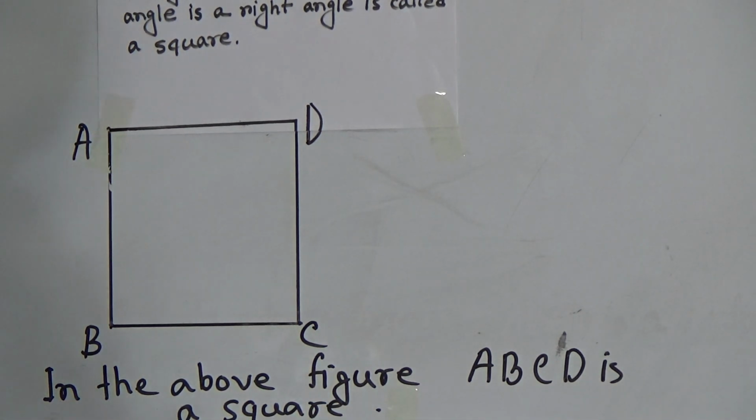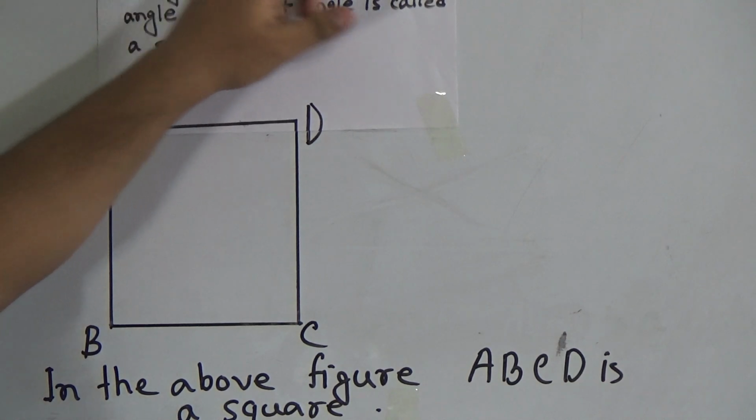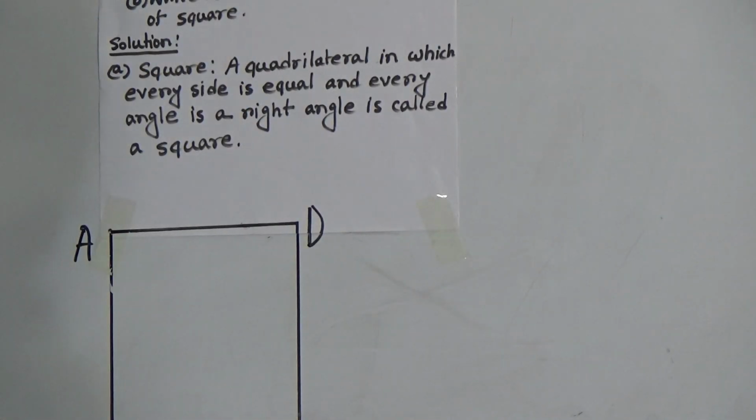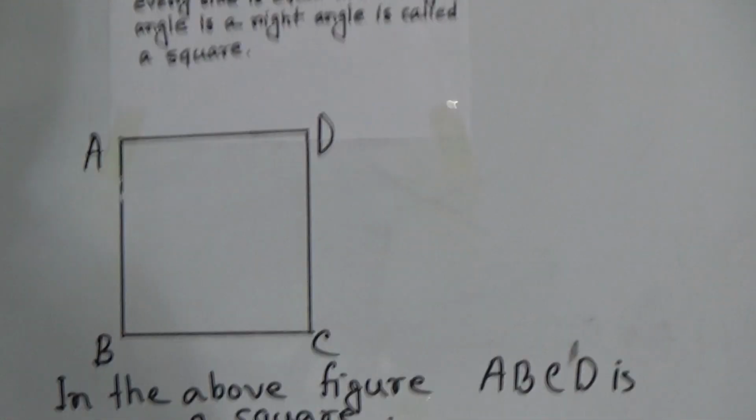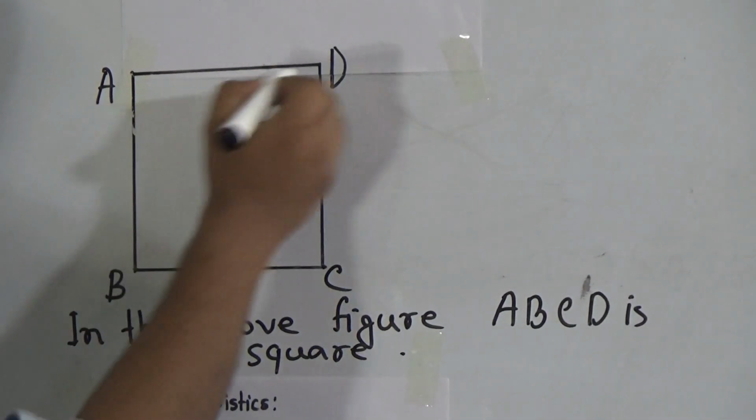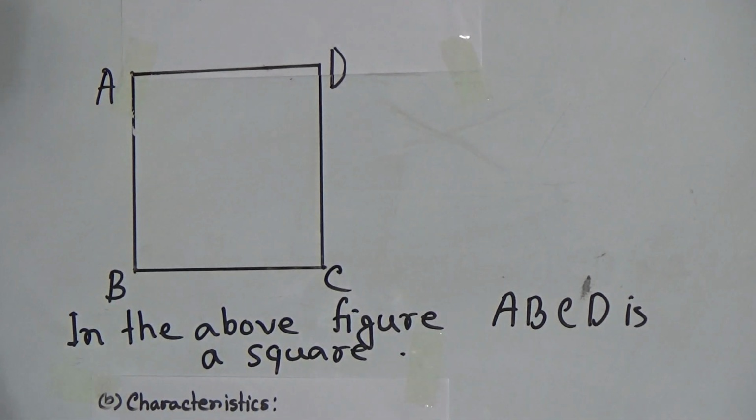Now we write the characteristics. Write down the characteristics of a square. From this figure we notice every angle is a right angle. Notice this angle, this angle, this angle, this angle, all are 90 degrees, that means right angles. B, all the sides are equal in length.